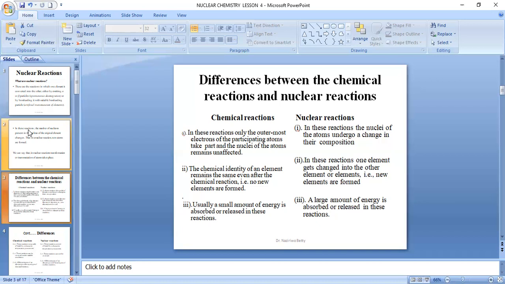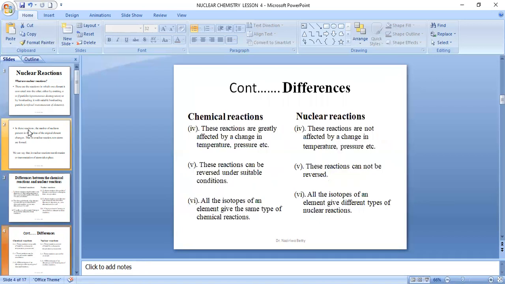That is, new elements are formed. In a chemical reaction, a small amount of energy is absorbed or released. Whereas in a nuclear reaction, a large amount of energy is absorbed or released.